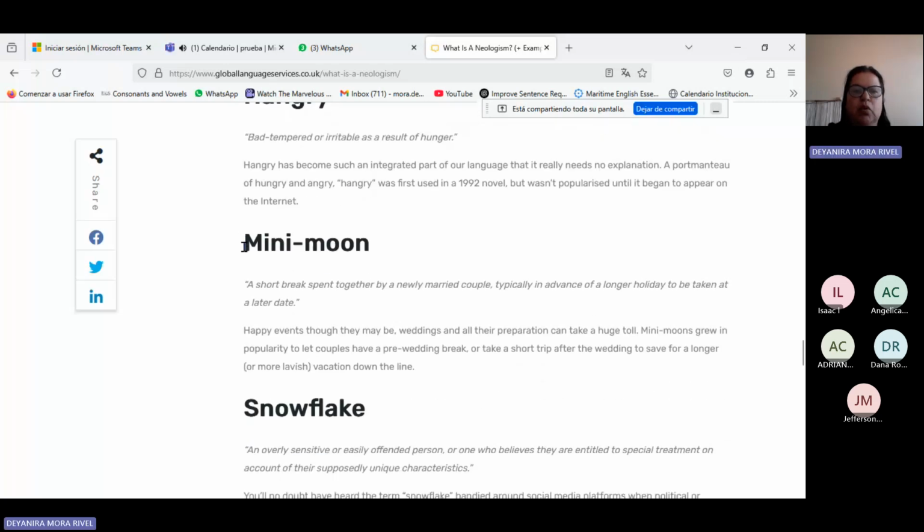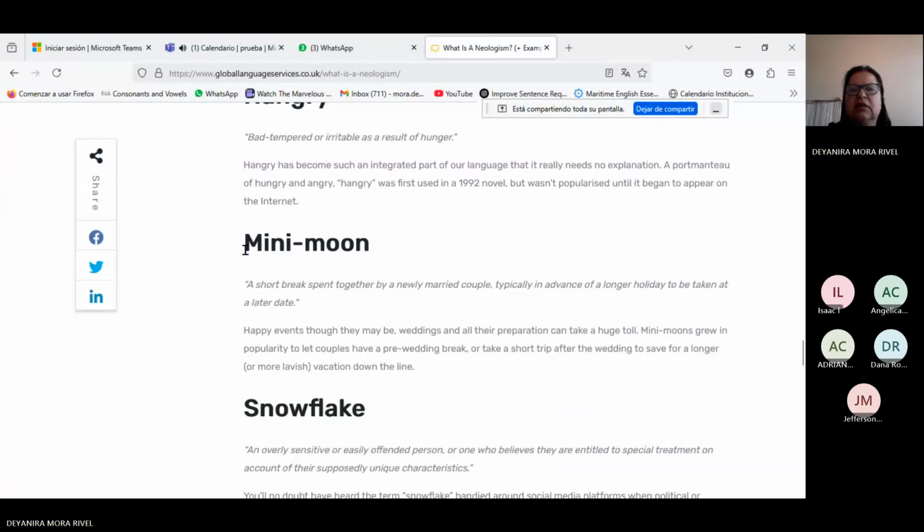A minimoon is a short vacation in advance of a longer holiday to be taken at a later date. Okay, it's like a small vacation.